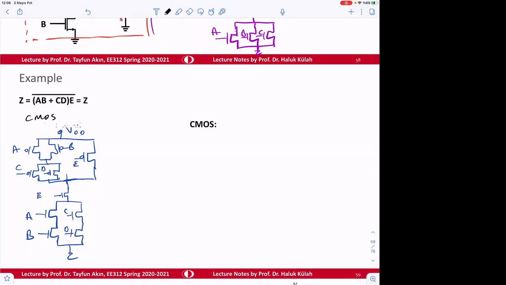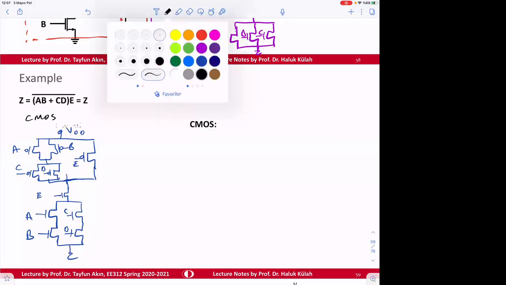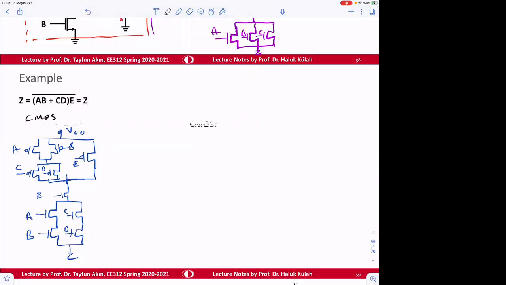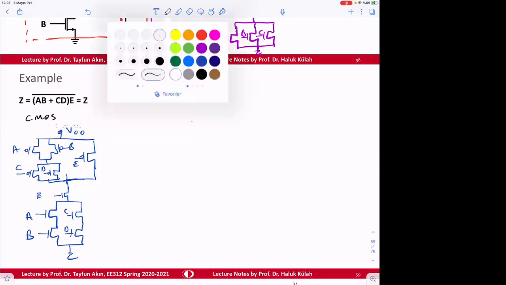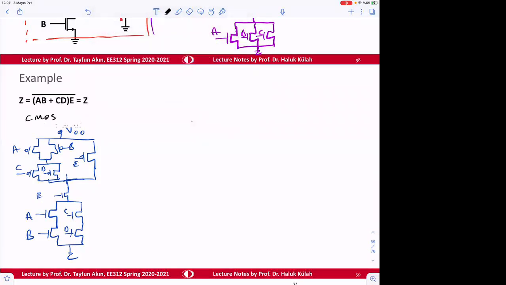If you want depletion, another alternative is to use depletion load device.